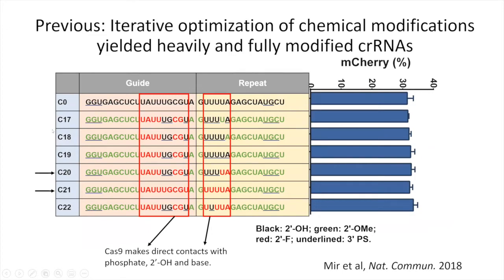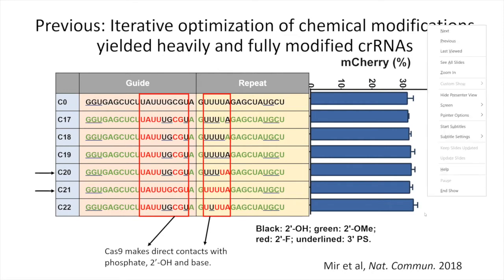You can see we had to pay a little bit more attention to these areas boxed in red, where Cas9 makes direct contacts with phosphates, hydroxyl groups, and nucleobases of the guides. But you can see that the editing efficiencies shown on the top for an unmodified guide, we were able to basically match those using these heavy and even fully modified guides, at least at the concentrations of guides used here.